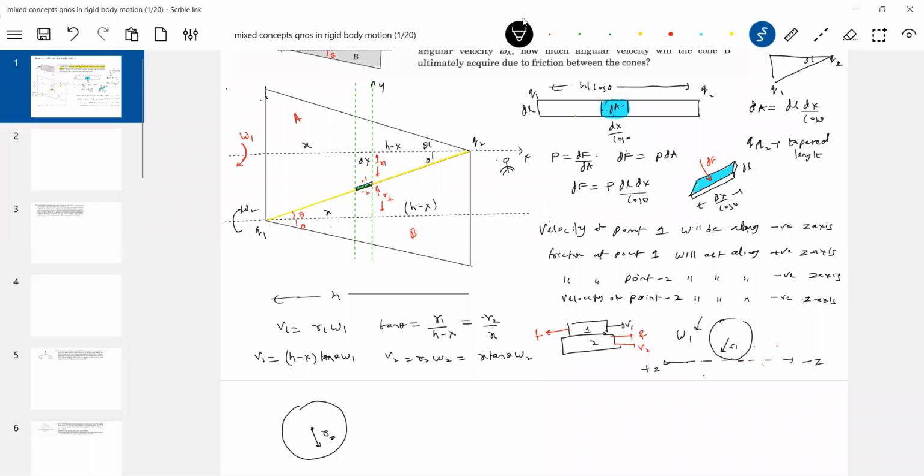Let's take this one, so V1 will be like this. Now, following the conventions we made, so that everyone will get it, it will be easier. For the second disk, the velocity at point 2 will be along the negative z-axis.